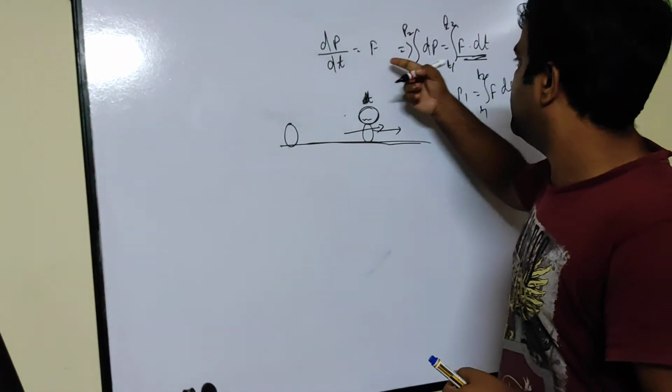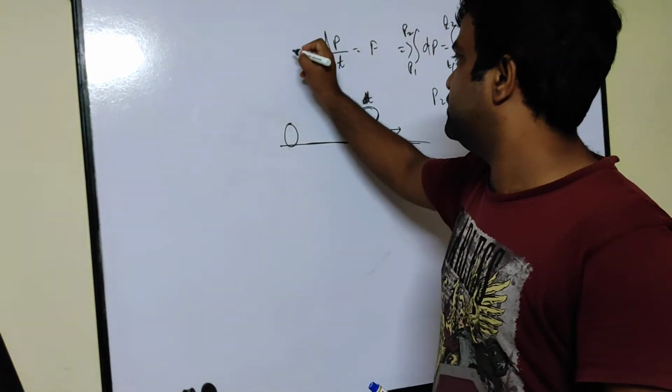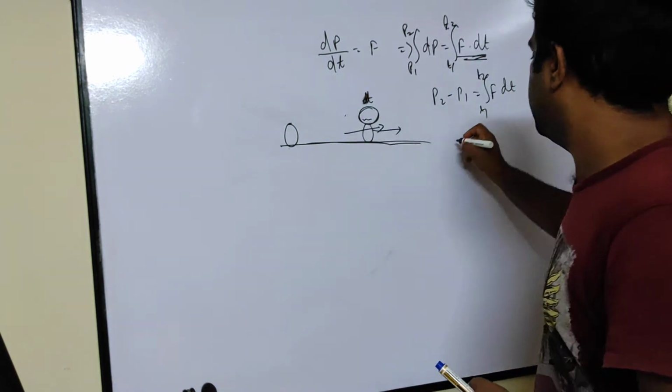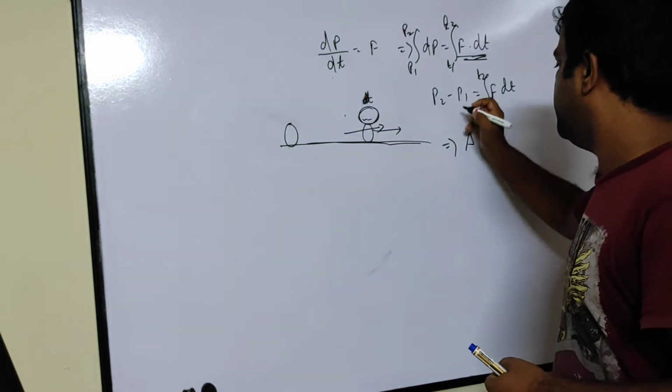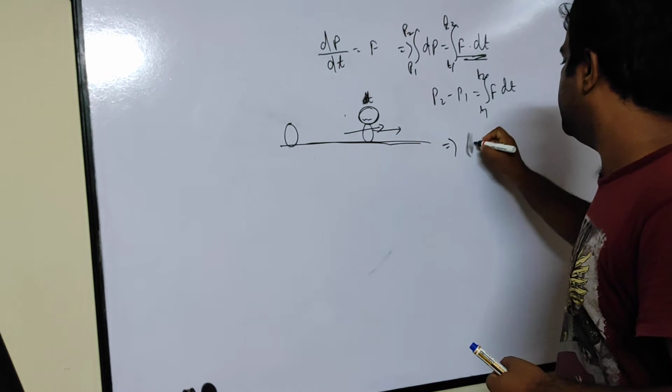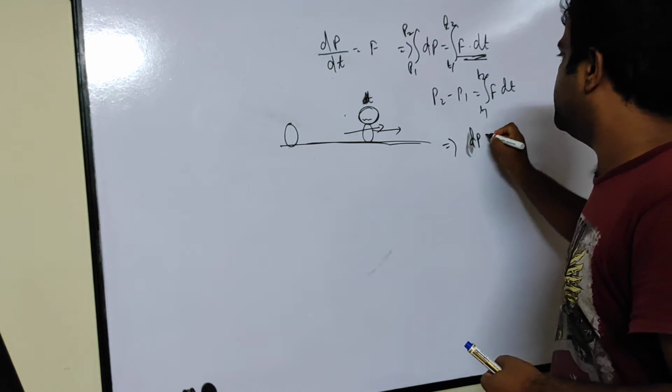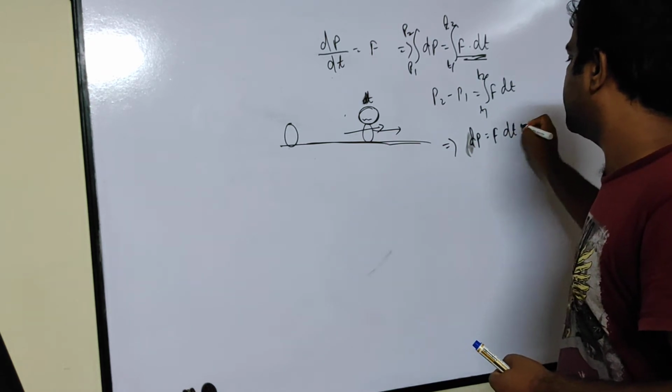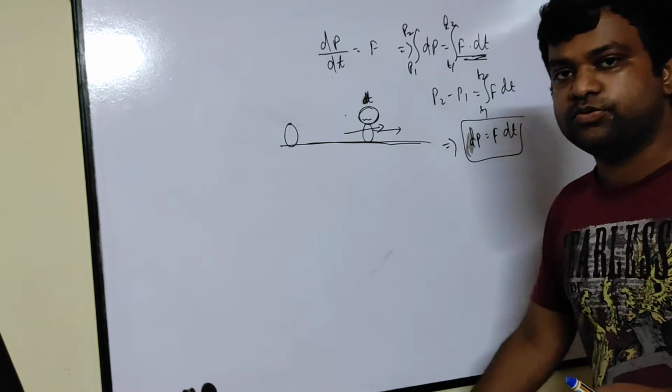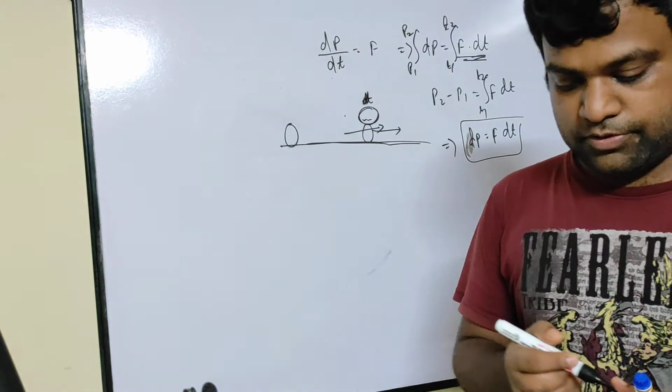Or simply you can use dp is equal to F dt. This formula you can simply use to calculate different problems.